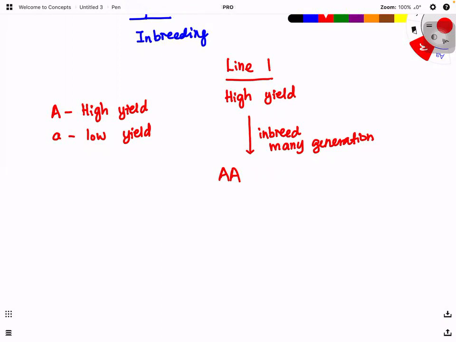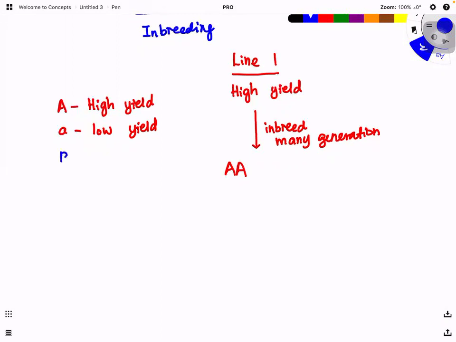But the problem here is because we focus on the high yield, we don't focus on the others. Let's say, for example, the B allele. We don't care about this B allele. Basically, if the plant carries the big B allele, it means that they are disease tolerant. Are you clear?